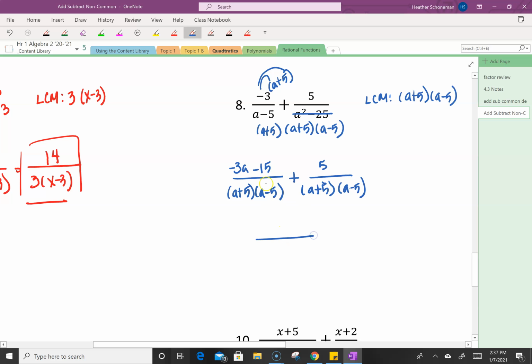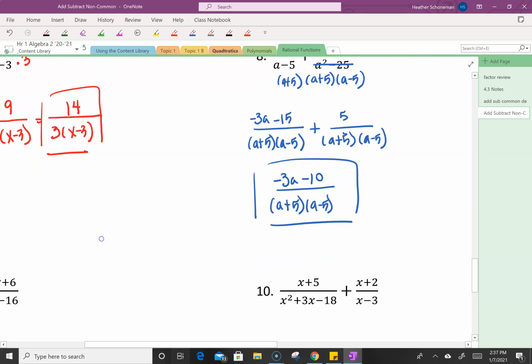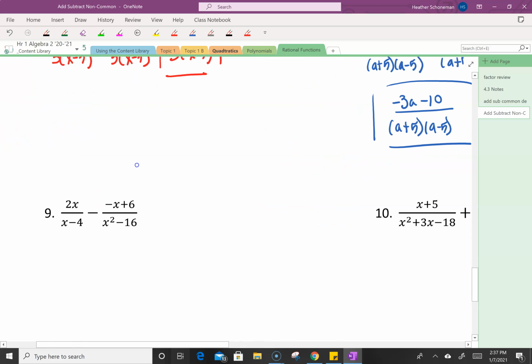So when I do that, I get negative 3a, negative 15 and 5 is negative 10, and then over here I get a plus 5 over a minus 5. That's my final answer. Now on the top, I could factor out a negative 1, but it won't reduce with anything that's on the bottom, so it's really not going to help me too much.